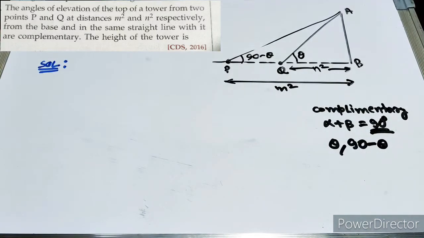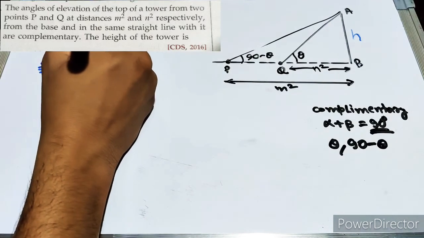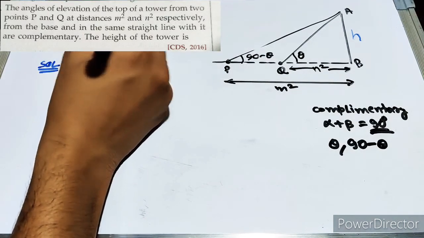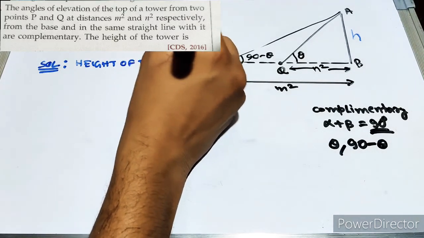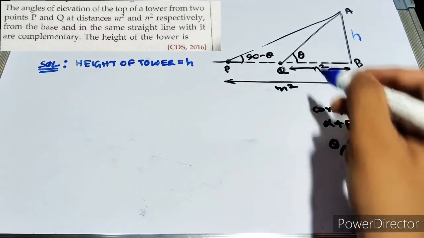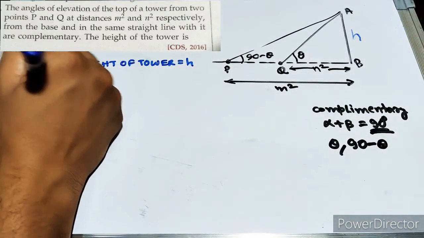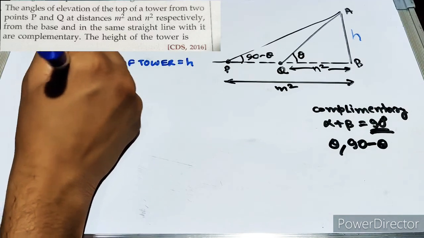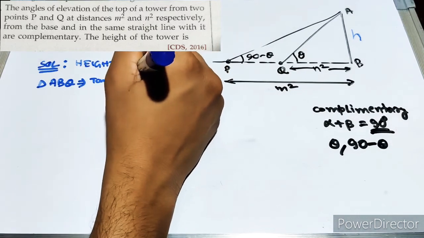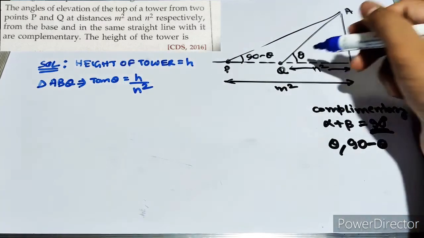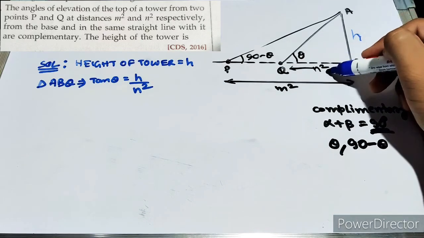First, let us assume the height of the tower to be h. QB equals n square, PB equals m square. Now from triangle ABQ, we can say that tan theta equals h upon n square, since in this triangle h is the perpendicular and n square is the base.